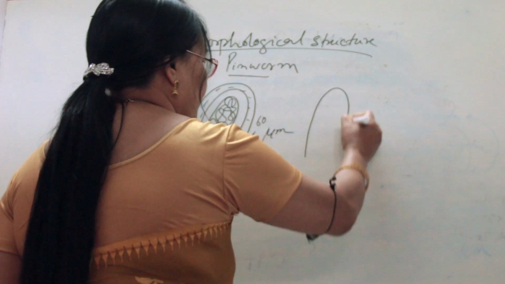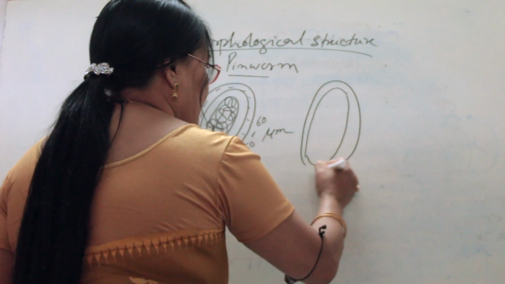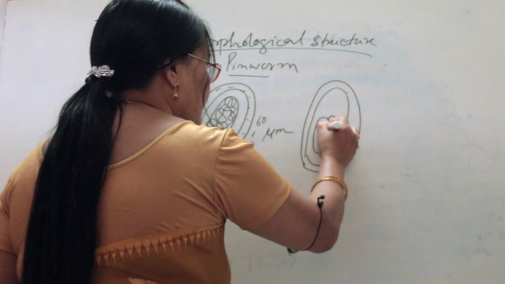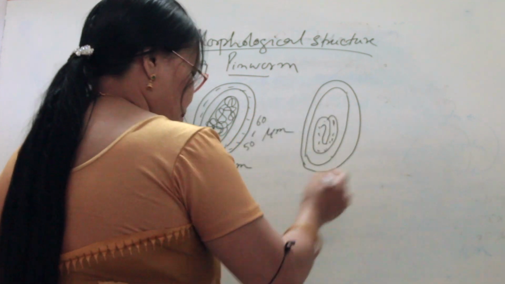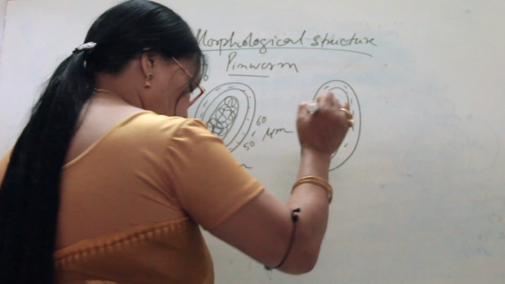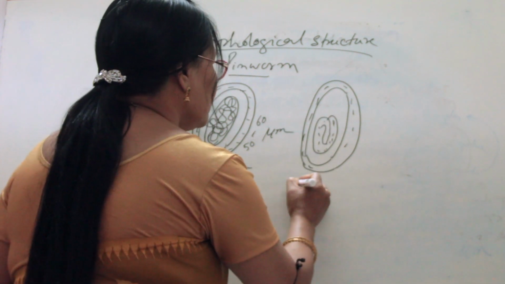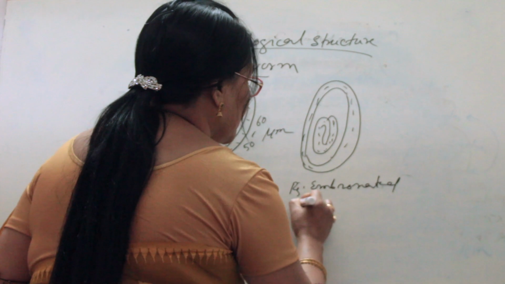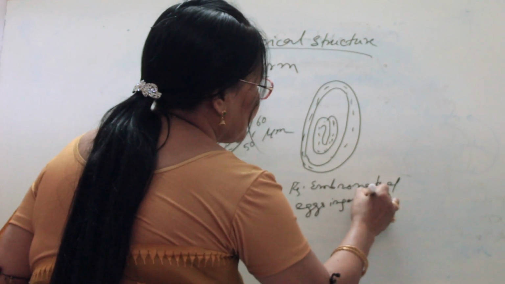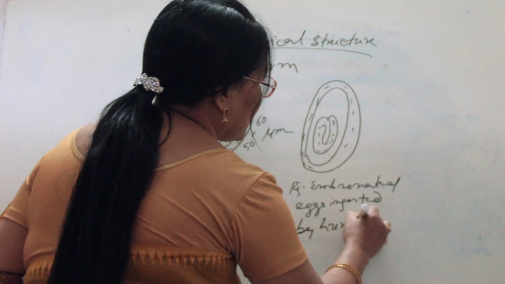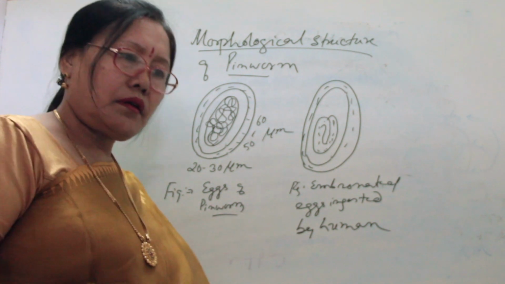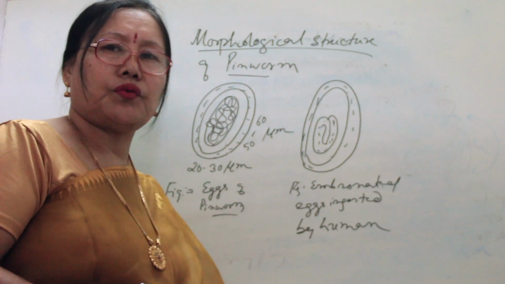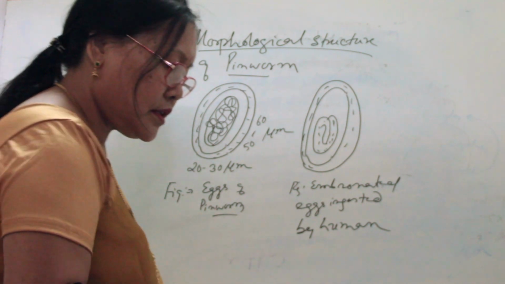This is the developing larva, and this is the egg. Figure: embryonated eggs ingested by human, because the transmission of this nematode parasite is through the ingestion of the egg from one person to another person. This is the fact of this disease.